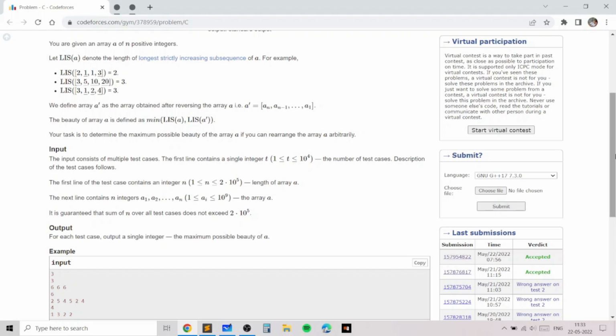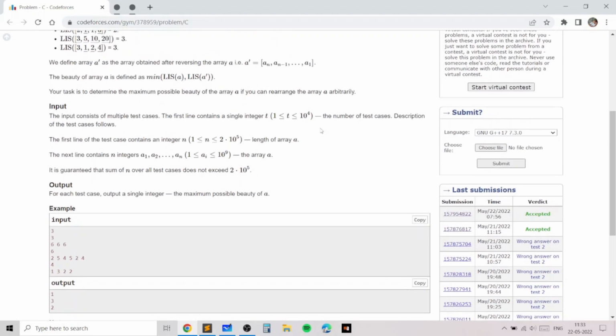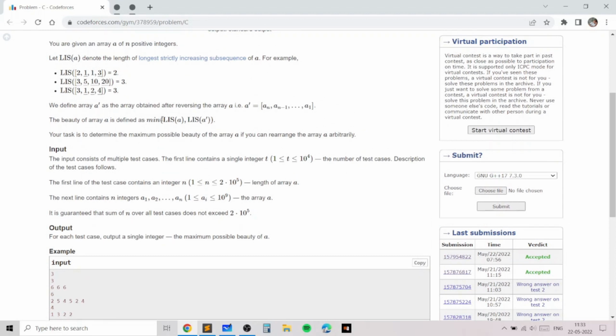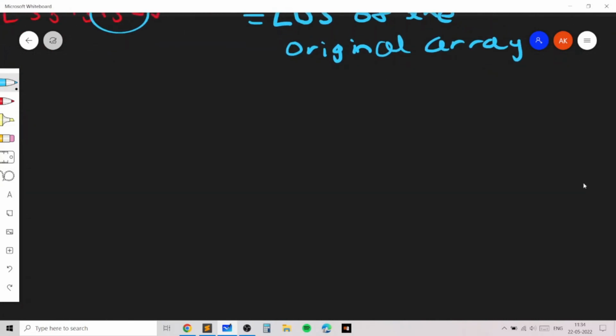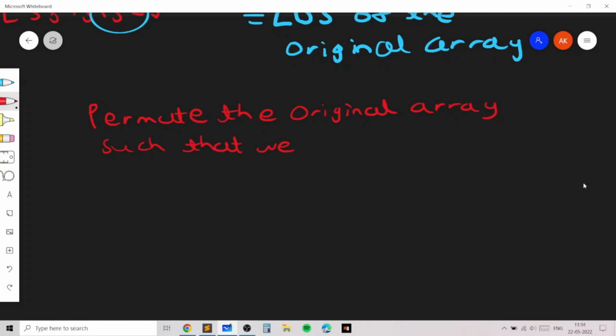Anyways, let's try to understand how we can maximize the minimum quantity of the LIS and the reverse LIS if we can arrange A arbitrarily. So the problem basically asks us to permute the original array, and permute means to rearrange the original array such that we are maximizing the minimum of the LIS and the LDS of the array.